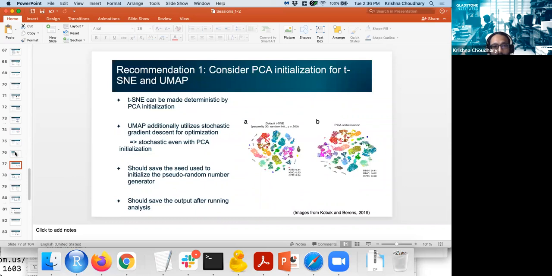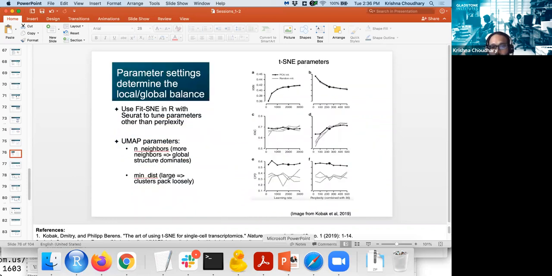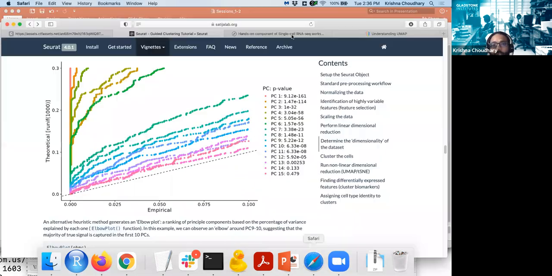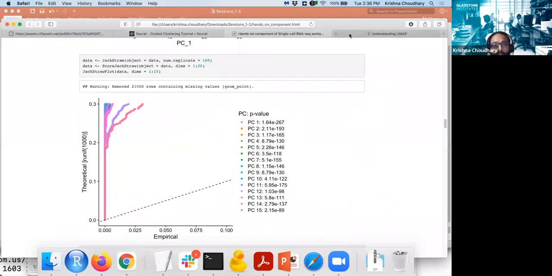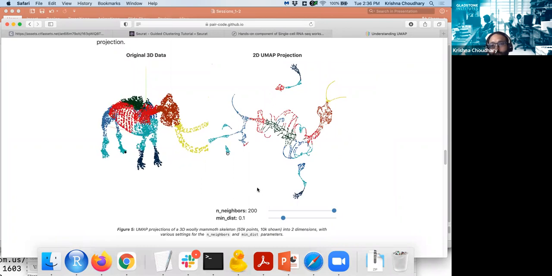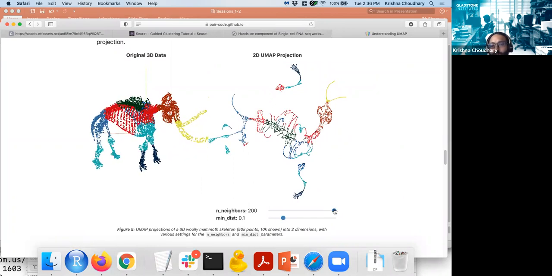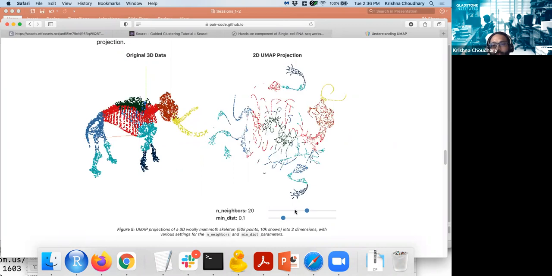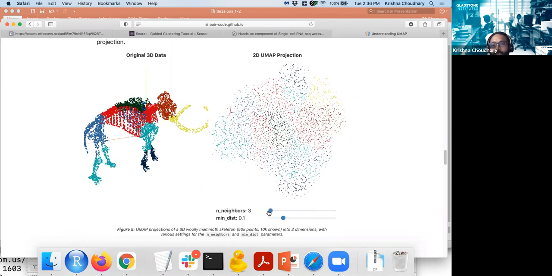Okay, before we move on, I want to show you something here. You can also find interactive visualizations online, but just to give you a better feel for how tuning these parameters can change the embedding you get.